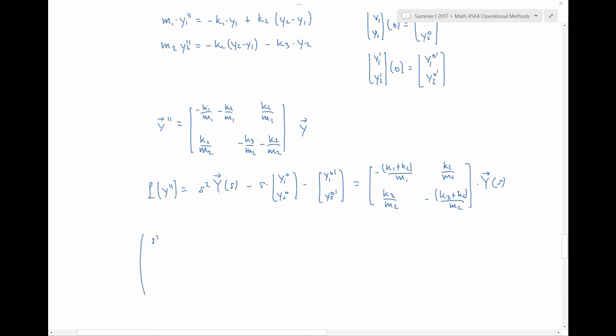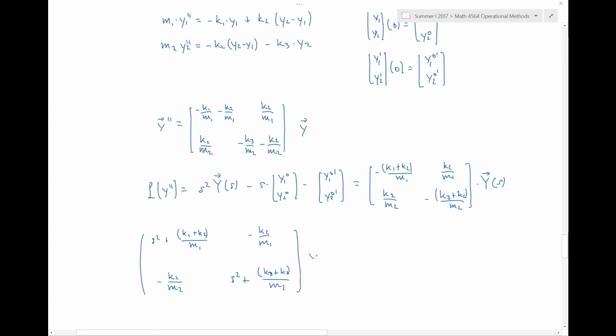I have s squared plus k1 plus k2 over m1. Second component is going to be minus k2 over m1. On the bottom I have minus k2 over m2. And the last component is s squared plus k3 plus k2 over m2.